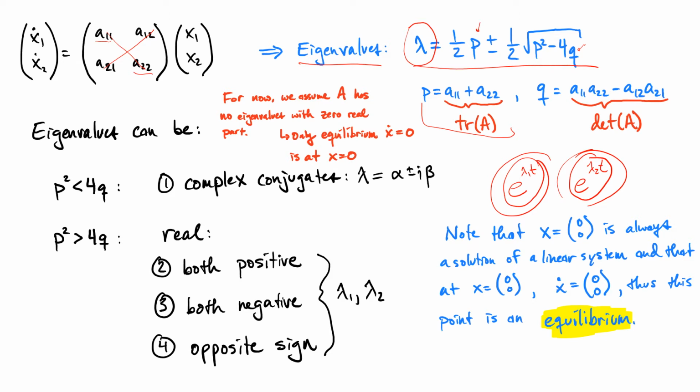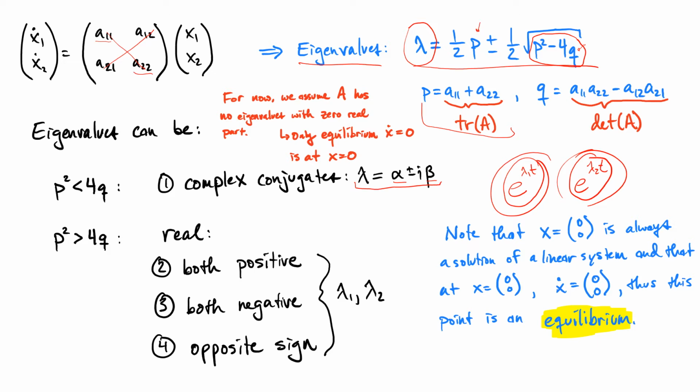When they are complex, they come as complex conjugates, alpha plus or minus i beta, where alpha is the real part and beta is the imaginary part. You can also get specific cases, based on p squared minus 4q, which is called the discriminant. When the discriminant is 0, you can have a variety of different options.